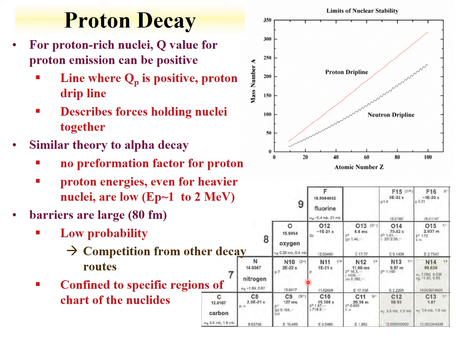Nitrogen 11, proton decay. Carbon 8 has a proton decay, and then there's a probability for carbon 9. So these are all very proton-rich, nitrogen-deficient isotopes that can undergo this decay. And you can find where they're located by exploring your chart of the nuclides and looking for that proton decay symbol, either 2-proton or a single proton decay.